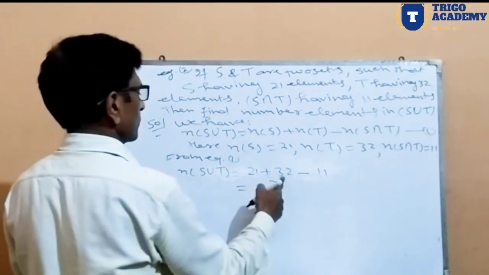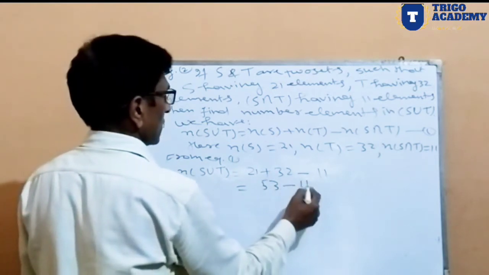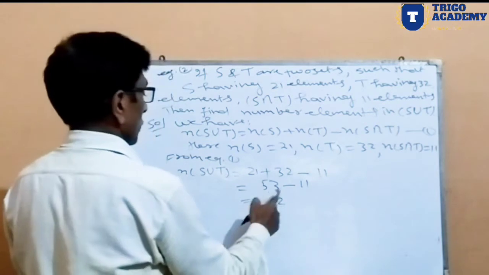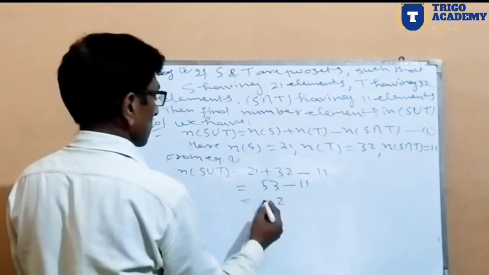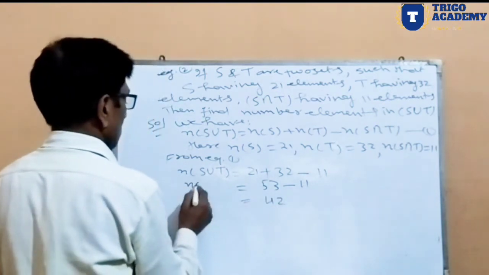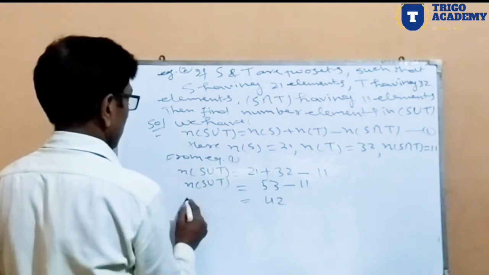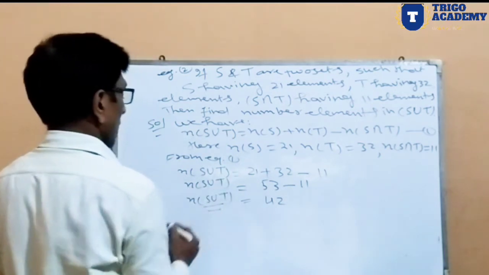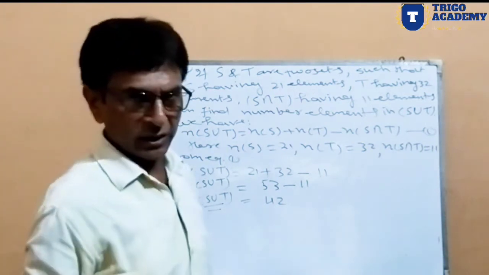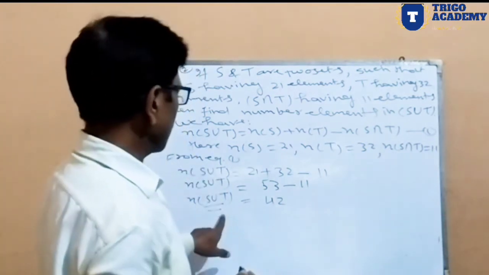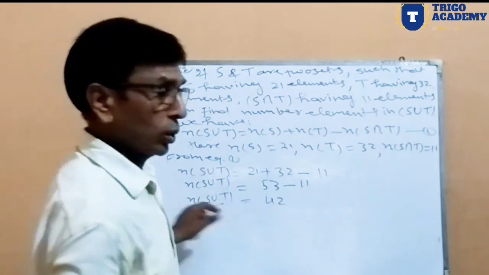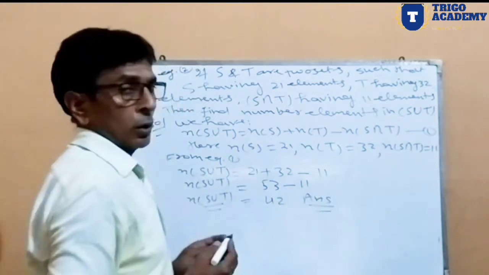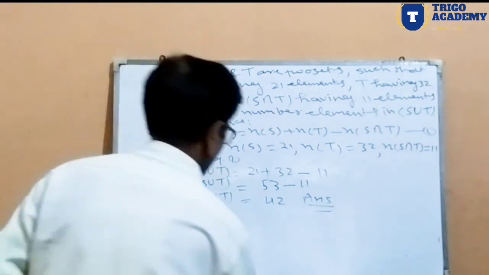So 32 plus 21 is 53, minus 11, this is equal to 42. So this way we can say the number of elements in S union T. S union T के अंदर 42 एलिमेंट्स होंगे. Okay, it is clear.